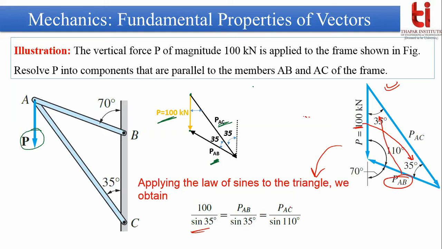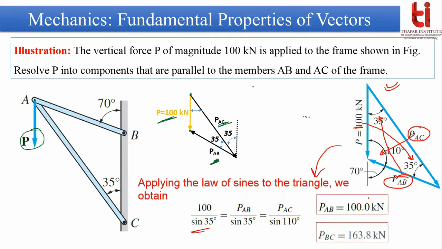So PAB by sine 35 equals PAC, which is this vector, and angle opposite to this vector is 110. So PAC by sine 110, and finally we are getting PAB is equal to 100 and PAC is equal to 163.8 kN. So in this way we are getting the forces.